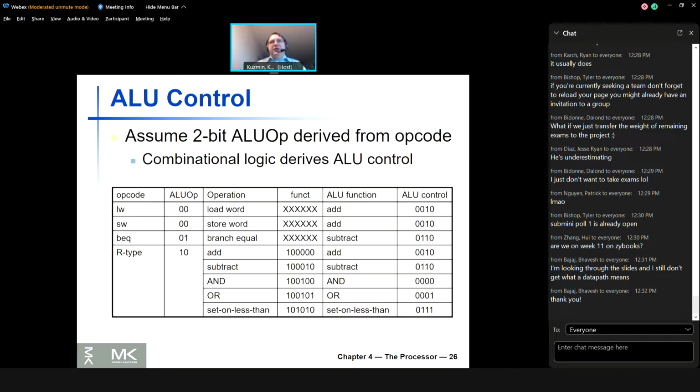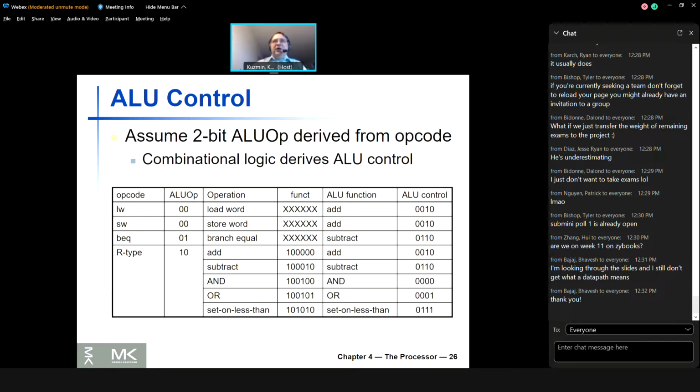And so we circle back to our test 5, where the last question was exactly to design an ALU that performs a certain set of functions. And here we assume that ALUOp, this control signal, is derived from the opcode. Remember, opcode is the code of the instruction. So ALUOp is directly derived from the code of the instruction.